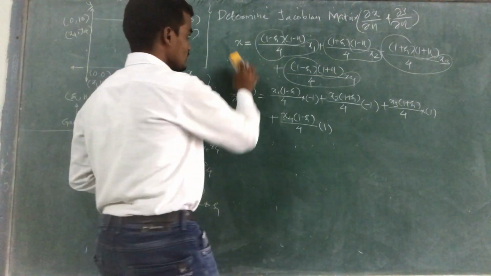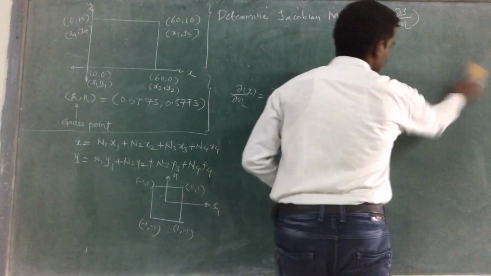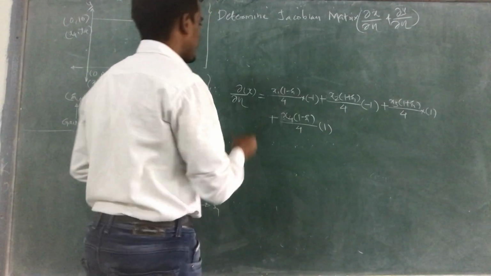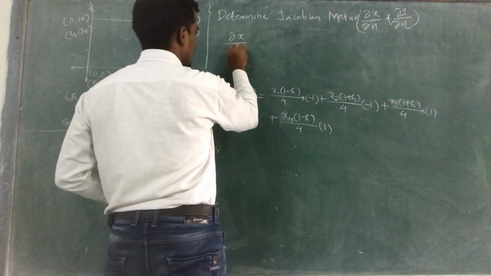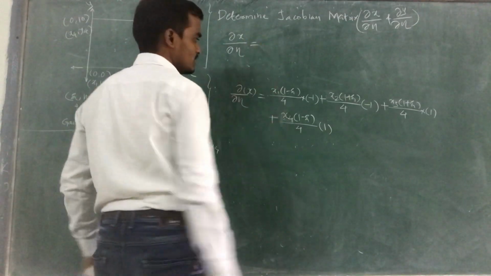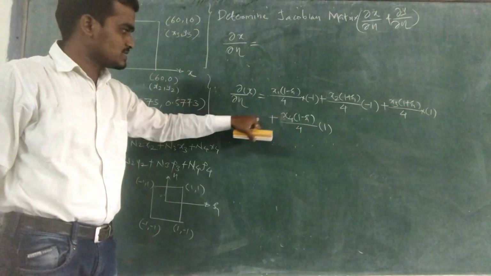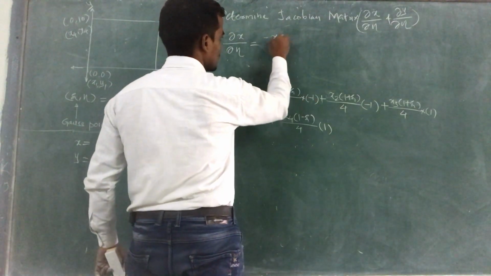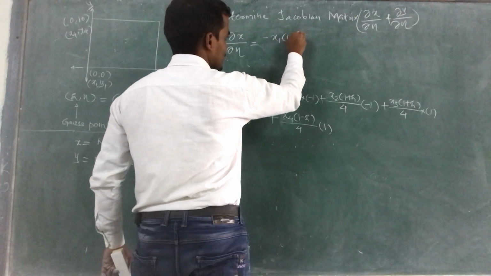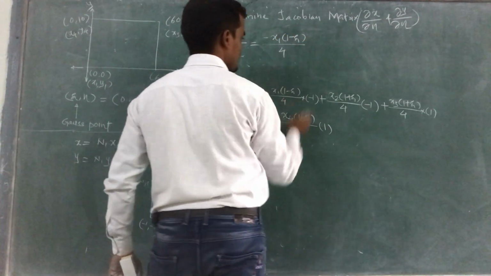So in this way you will get this derivative. So we need to just simplify. So dou x by dou eta will become equal to, we just need to simplify this equation. So what will become? This is minus 1. So minus x1 times (1 minus zeta) divided by 4.